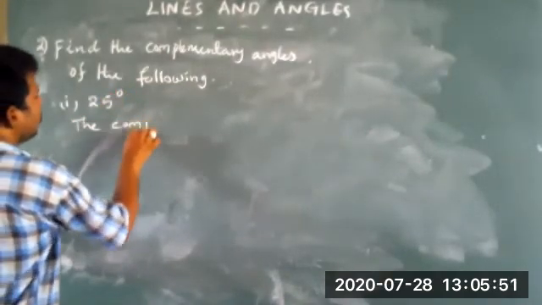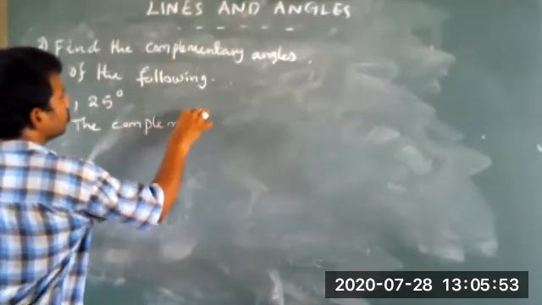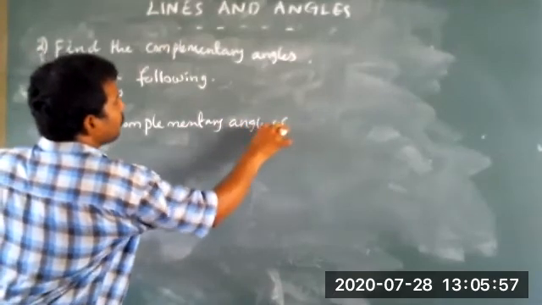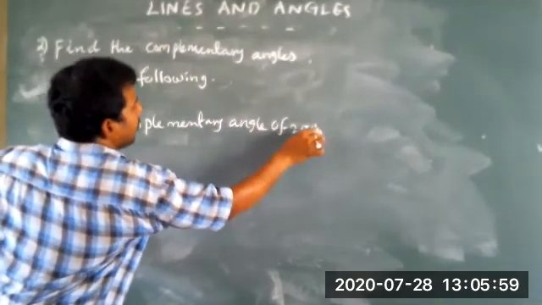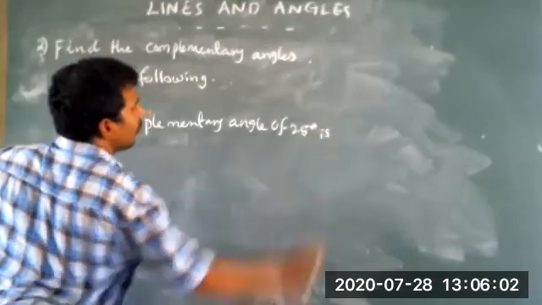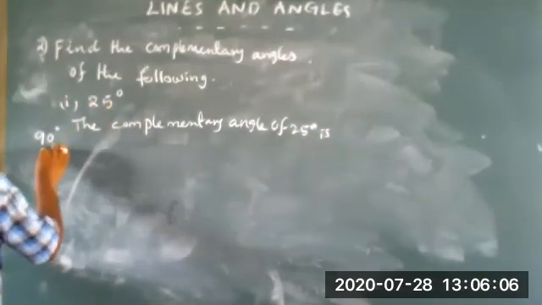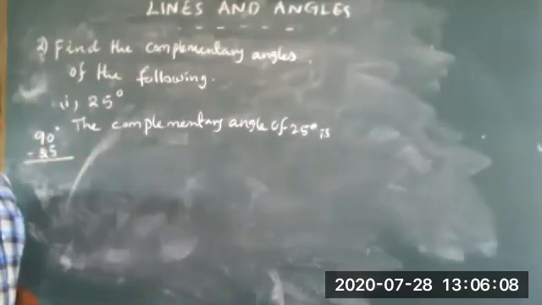The complementary angle of 25 degrees is how much, children? Take 90 degrees minus 25 degrees. Do subtraction.